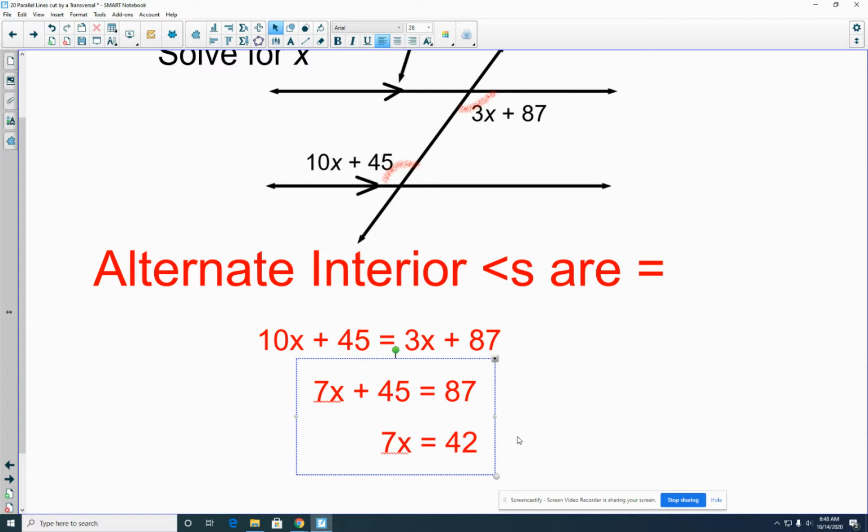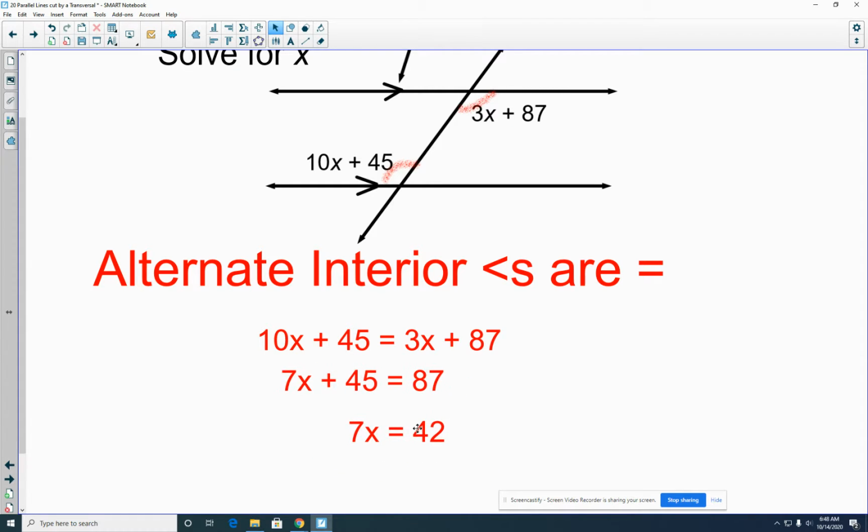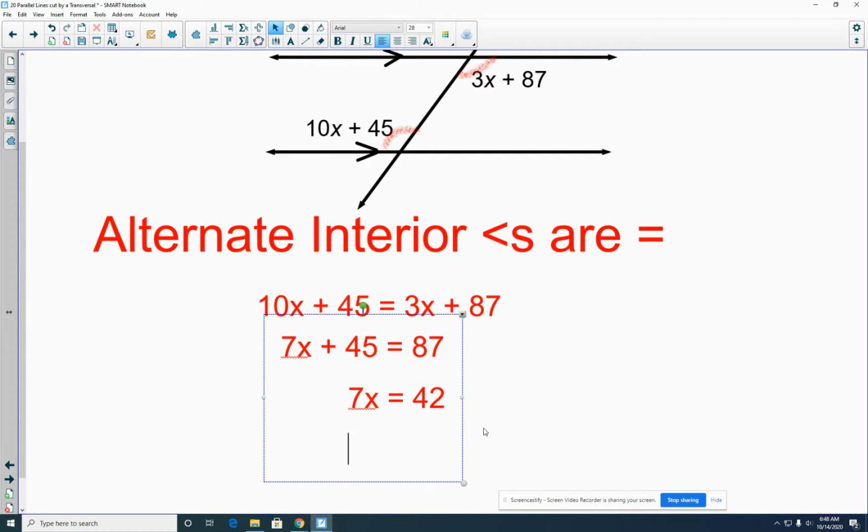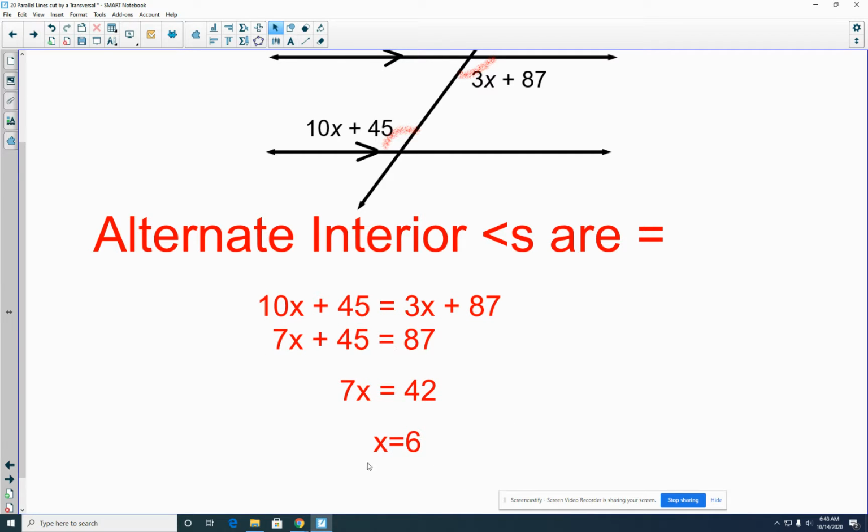And then I would divide by 7, and that would be the value of x. So here x would be 6. Now, remember, I could quickly check my work. 10 times 6 plus 45 is 60 plus 45, which is 105.